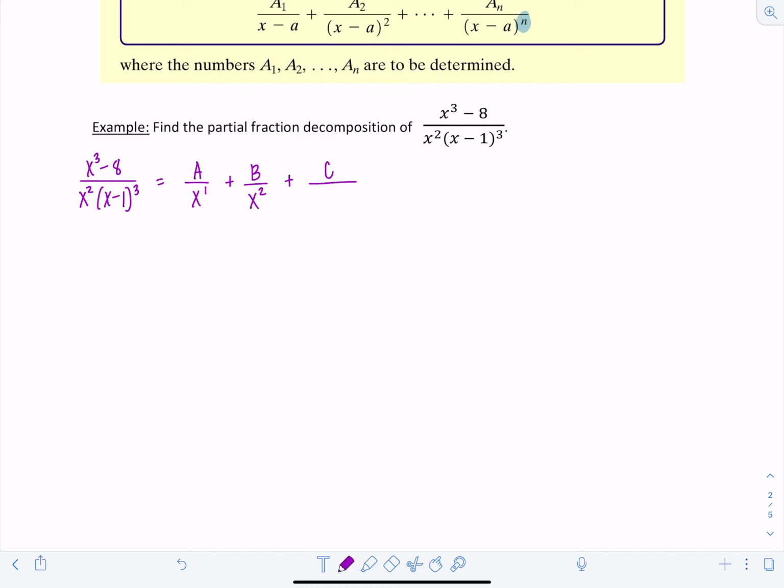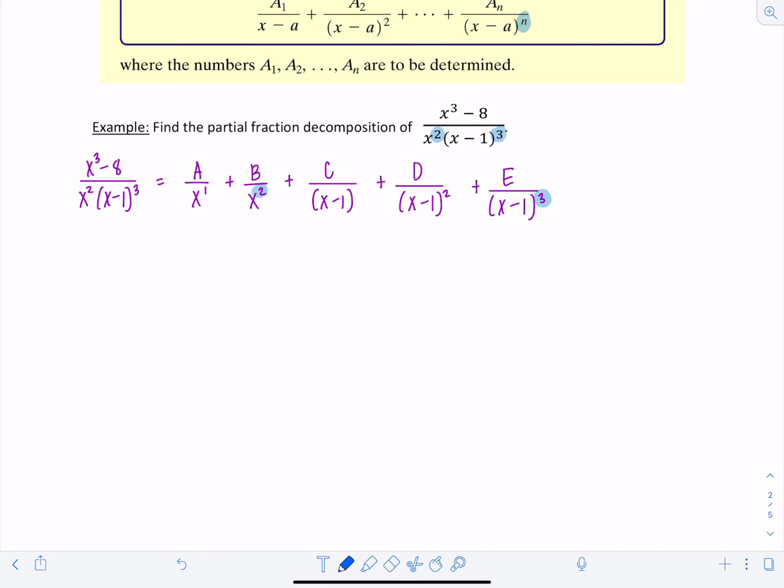So I need c over x minus 1 to the first plus d over x minus 1 squared plus e over x minus 1 cubed. And now I stop because that was the highest exponent that I saw in the denominator. But you have to have everything below it starting from 1 all the way up.